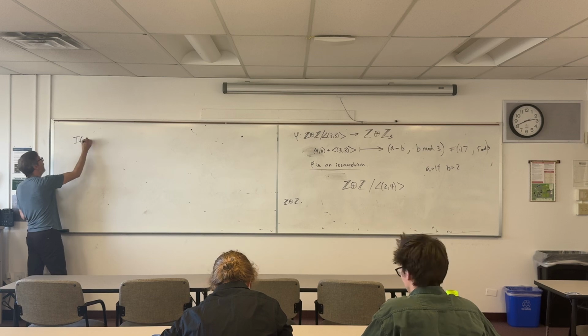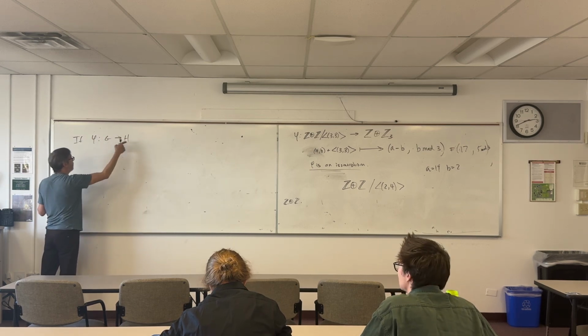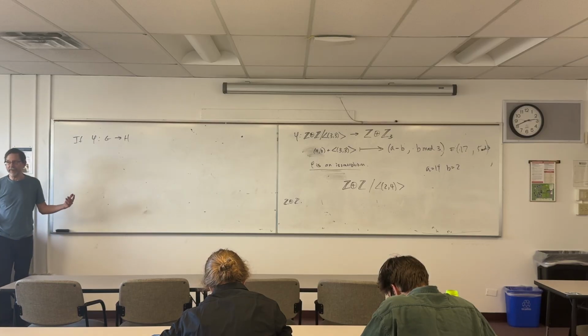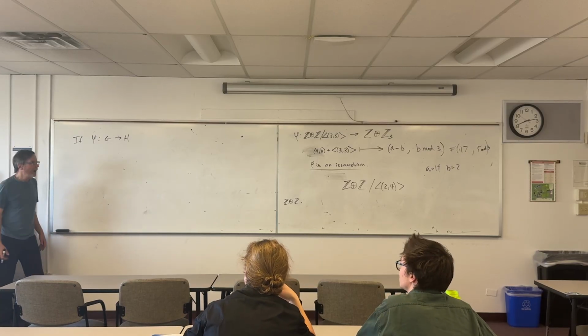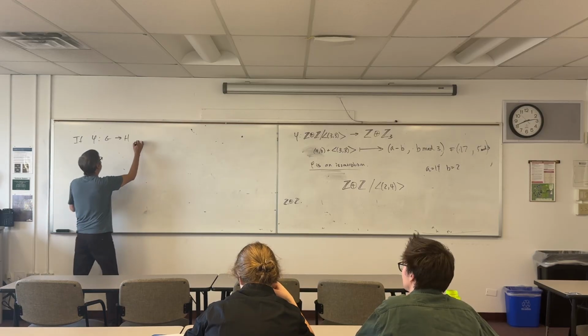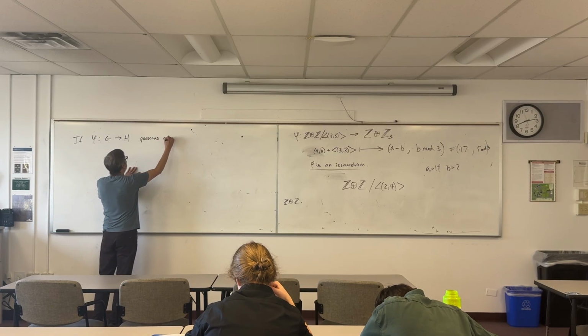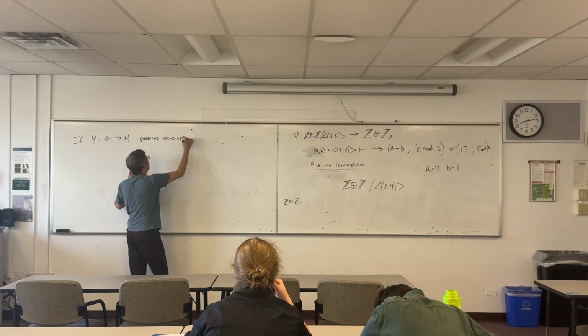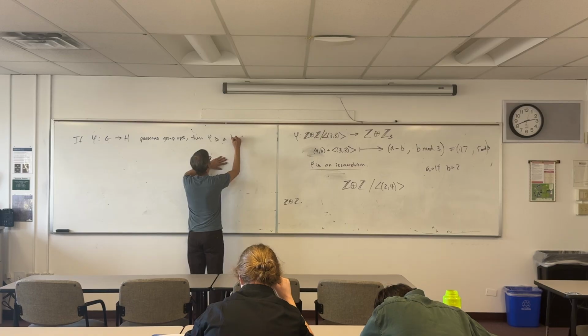So if phi is a map from G to H, and these are both groups, because like everything is in here pretty much, right? It preserves group ops, then phi is called a homomorphism.